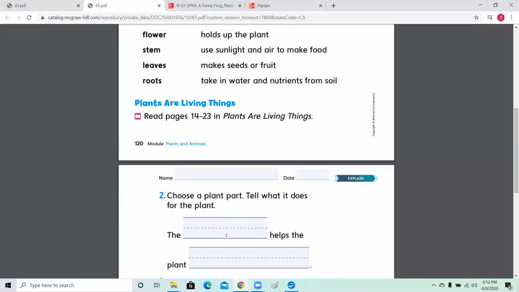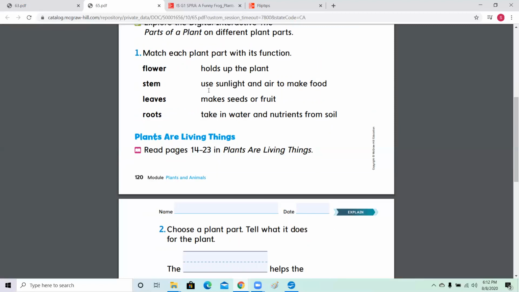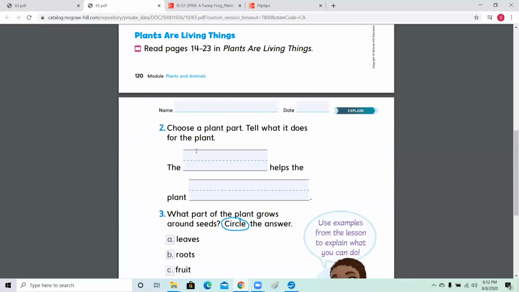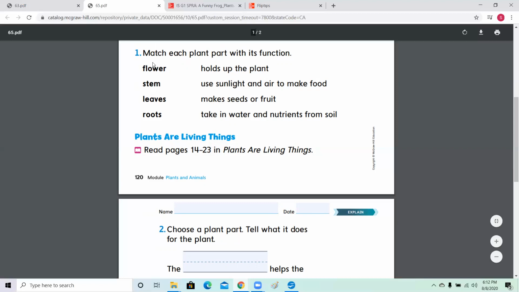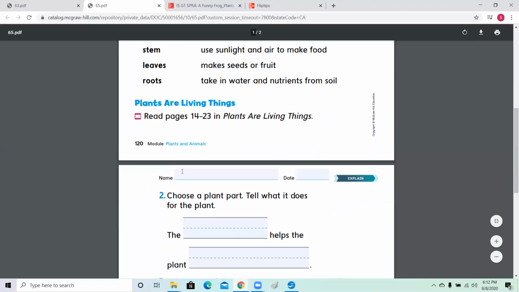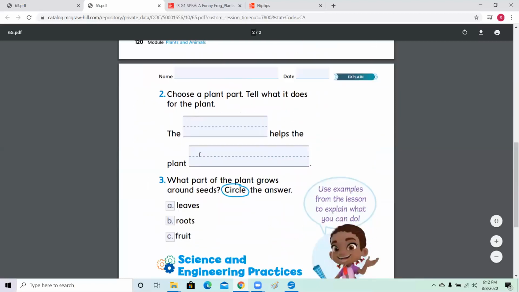The leaves help the plant use sunlight and air to make food. Or you will say the roots help the plant take in water and nutrients from soil. So you choose whatever you like from the plant parts. That's question number 2.